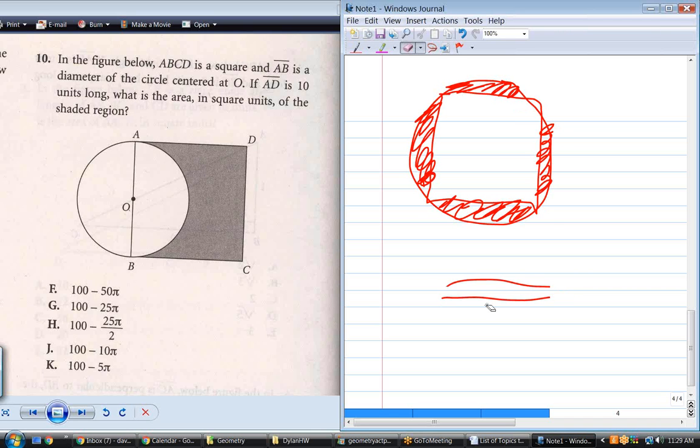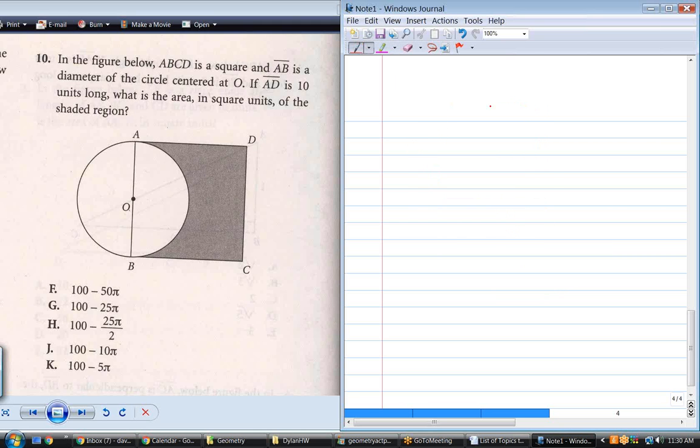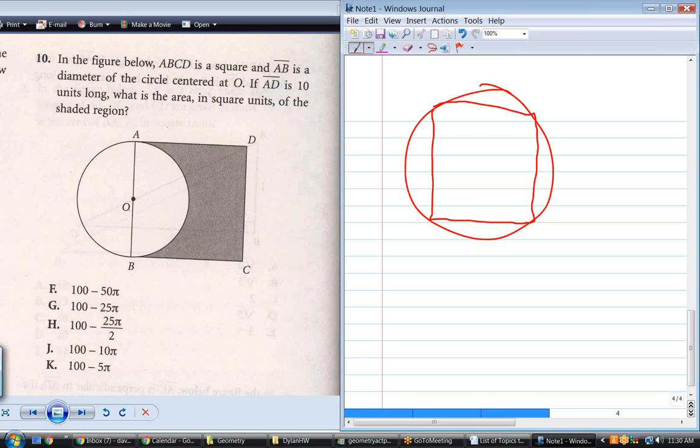So I can't do it directly. I can only do it indirectly. I can figure out the area of the circle, and I can figure out the area of the square. So if I take the area of the circle and subtract the area of the square, I'm going to get the area of this total amount.